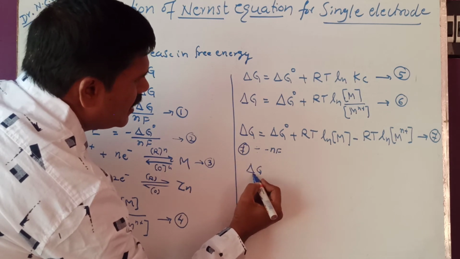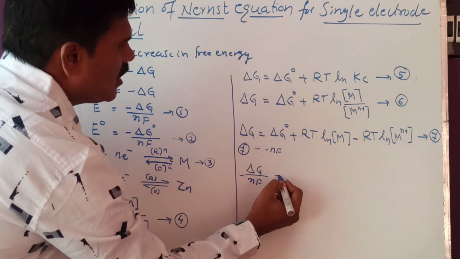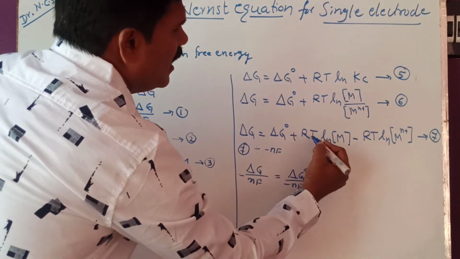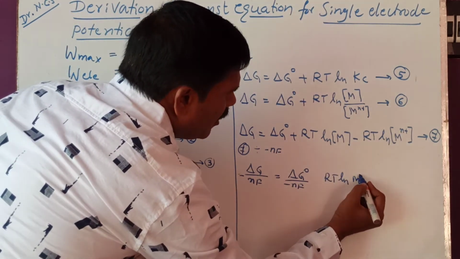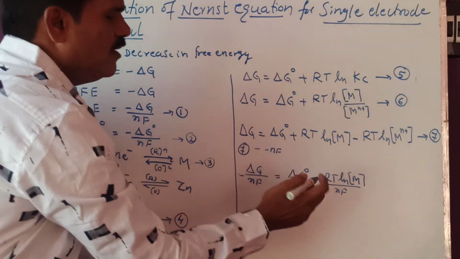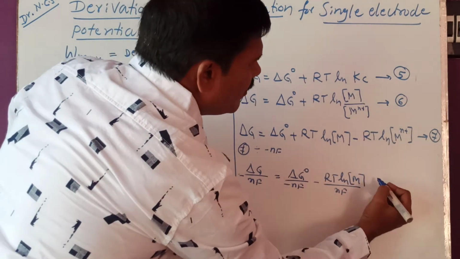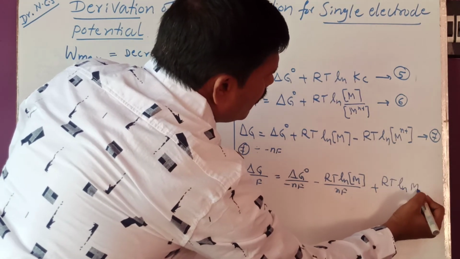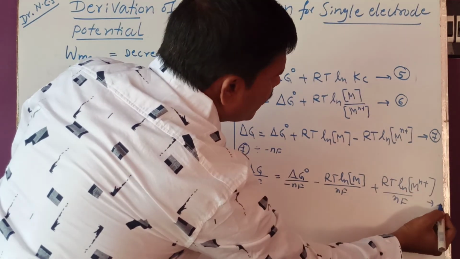So that is delta G by minus NF equals delta G0 by minus NF plus RT natural log molar concentration of metal divided by NF, then minus divided by minus, I will write it as plus RT natural log molar concentration of metal ions divided by NF. Call this equation 8.